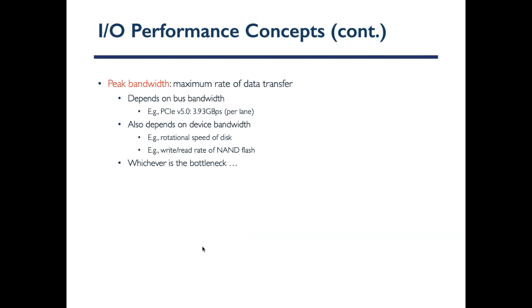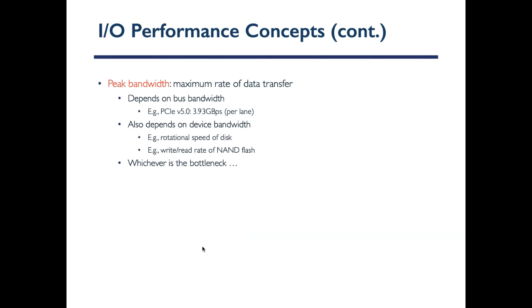How fast your device could process requests and initiate transfers. So for instance, if you have rotational disks, basically the magnetic disks, the speed of the rotations would dictate how fast you can transfer data, because the disks should rotate so that the head could, I mean, we're going to talk about it in more detail, but there are physical constraints that would dictate how fast you can transfer data.